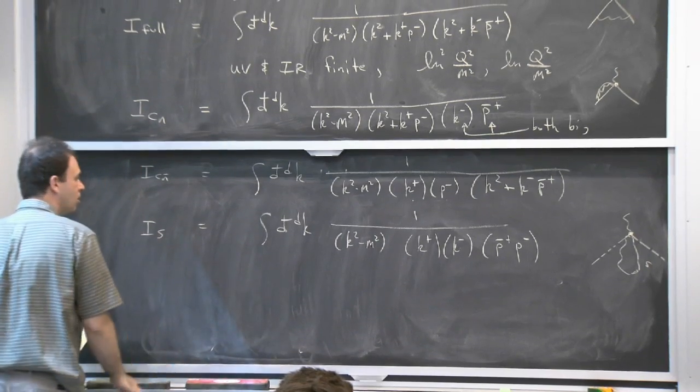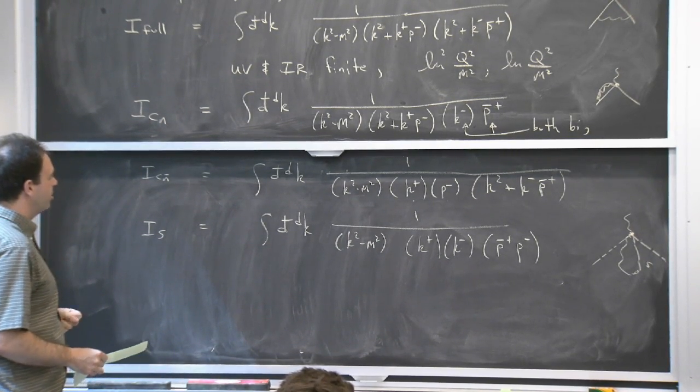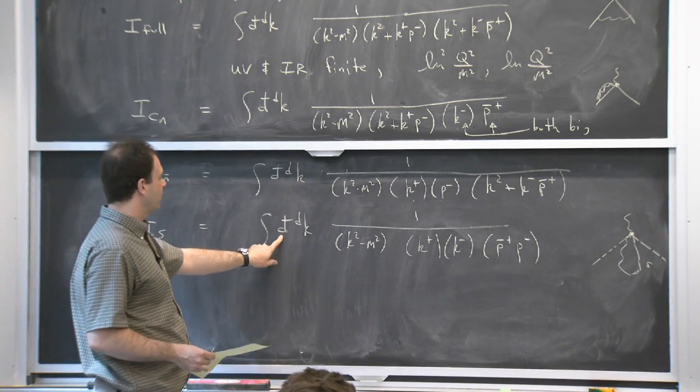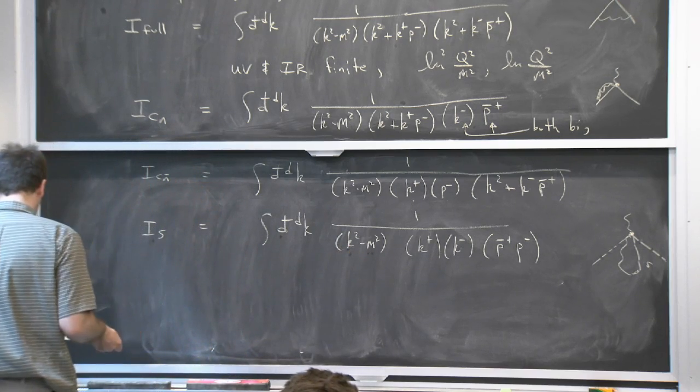All right, so how do we see that there's a problem with these integrals, that they're not regulated by dim reg? Well, you could look at the soft integral and you could just do the perp. The perp is only showing up in this k squared minus m squared, so you get something by doing that.